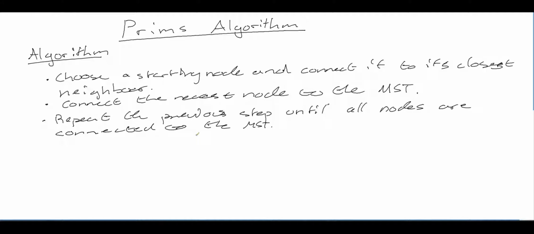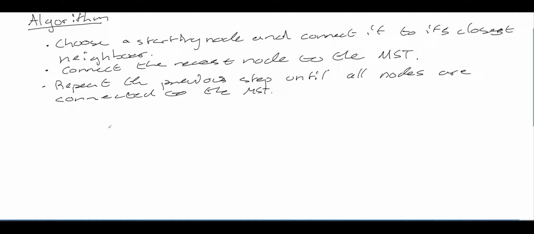So we're building up a minimum spanning tree here. And the second step of our algorithm is to find the next closest node to the minimum spanning tree that we've got so far and connect it to the minimum spanning tree. Then we repeat that step until all of the nodes are connected to the minimum spanning tree.